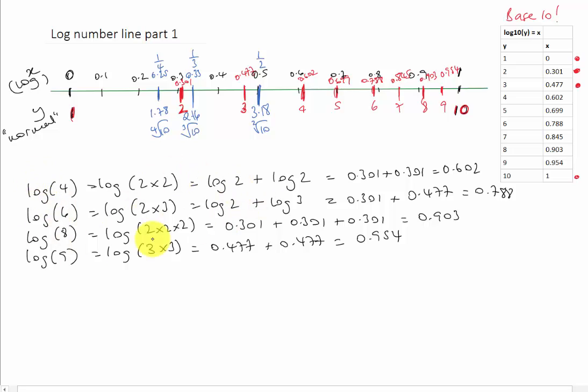Firstly, of the way I've broken down these logarithms to calculate these other values from a couple of basic things. And also, I'd like you to take note of how these numbers squash together towards the right. As we get towards 1 or 10, depending if you're looking at the x or the y, these values get closer and closer together.